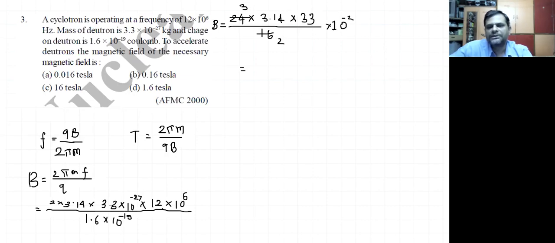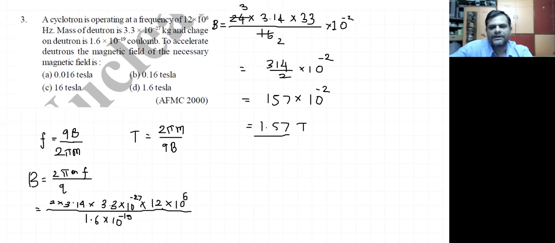So that 100 multiplied with this 3.14 will become 314 actually, and that is to be divided by 2, and that is to be multiplied by 10 raised to minus 2 again, so that it becomes 157 into 10 raised to minus 2, which makes it as 1.57 Tesla, and it is very close to this 1.6 Tesla. So you can just select this D as a correct option. Okay, so just see the next question.